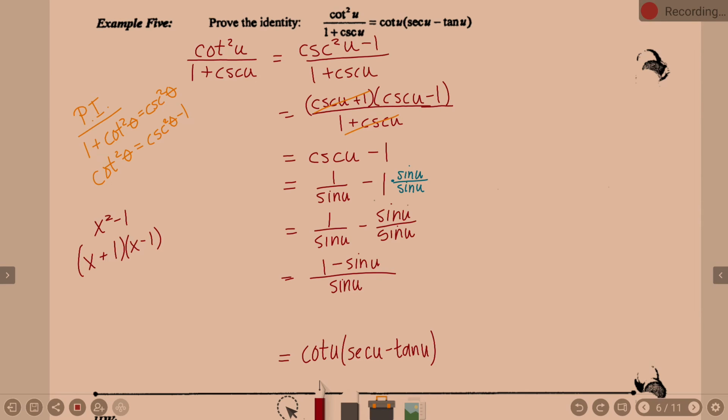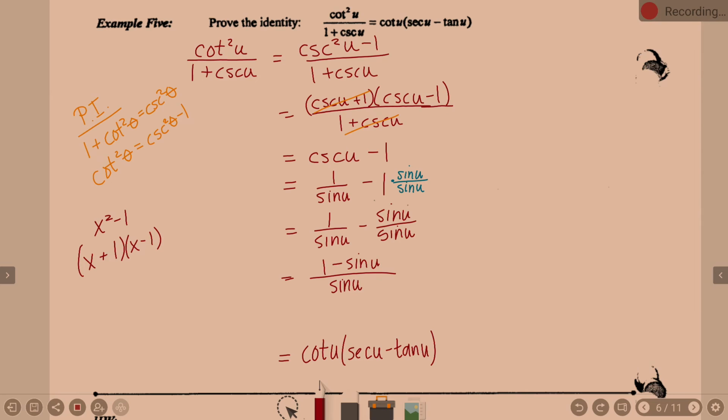For a cotangent, I need a cosine over sine. Do I have a cosine in the numerator? No. How can I multiply in a cosine in the numerator? I can as long as I multiply a cosine into the denominator as well.